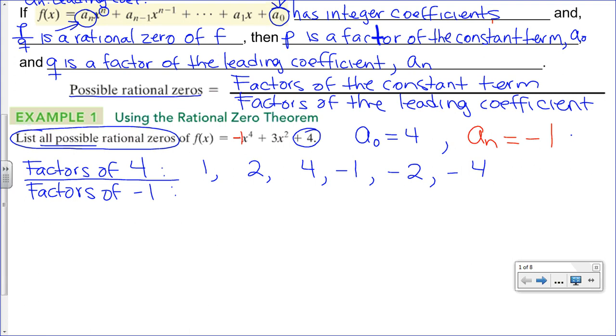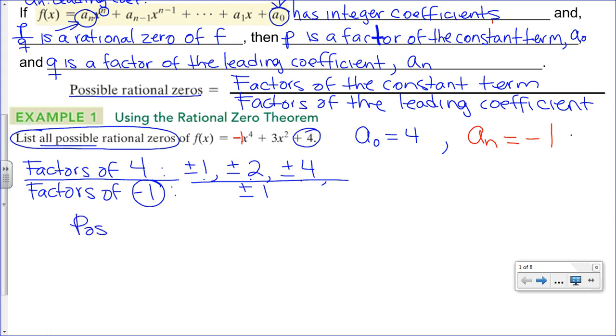So the way we're going to shorten this is by using the plus minus sign, or a combination of a positive and a negative. And that way we're implying that we have +1 and -1, +2, -2, +4, -4. So if we divide them by the factors of -1, those will also be positive and negative 1. So now this problem is kind of easy, because once we list all the possibilities, and here we're only talking about possibilities, that will be the possible rational zeros.